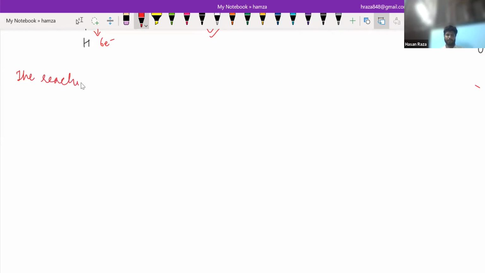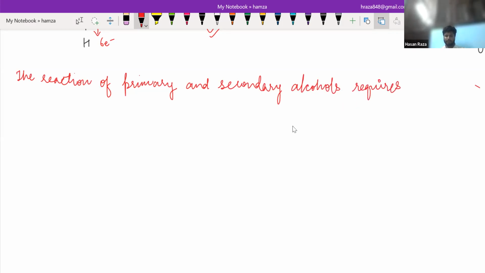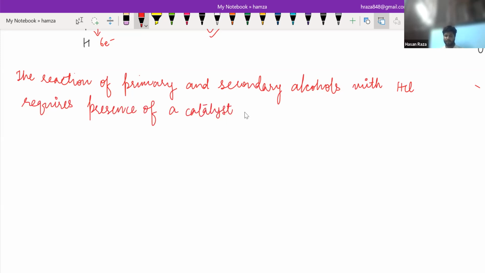The reaction of primary and secondary alcohols with HCl requires the presence of a catalyst, ZnCl2.